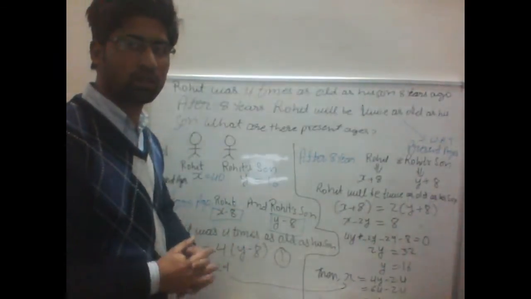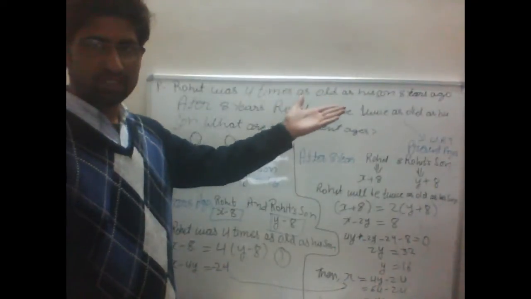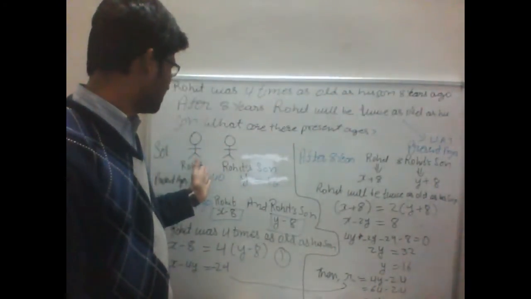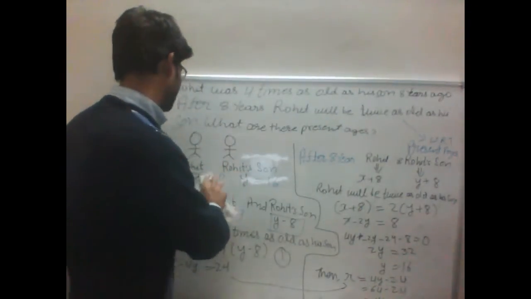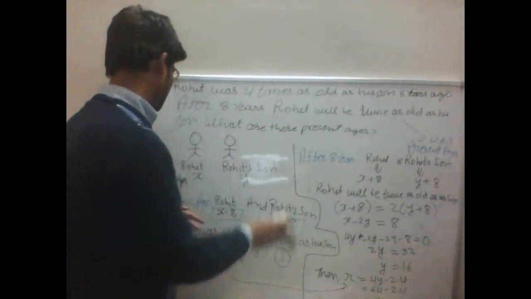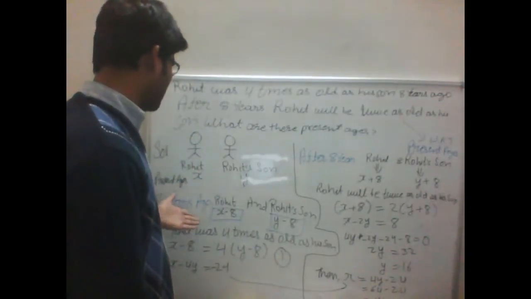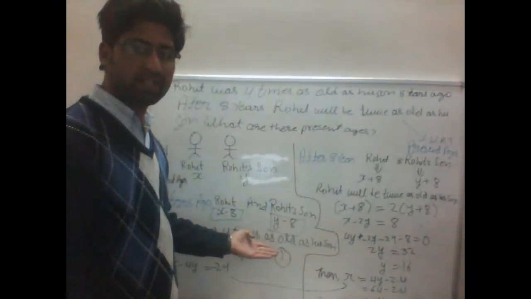The concepts we already know, so let us take that thing first. Let Rohit's and Rohit's son's present ages be X and Y years respectively. Now 8 years ago means X minus 8 is Rohit's age and Rohit's son's age will be Y minus 8.